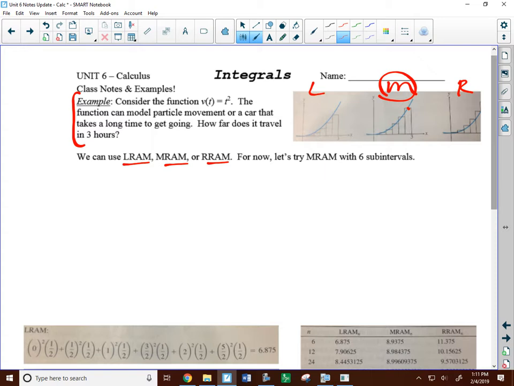Okay, so here's what we're going to do: midpoint RAM. Now we're going to do 6 subintervals. If I want to write this down, that means 6 rectangles. A subinterval is not the total interval, it's the smaller interval that you're breaking up into. That's just how many rectangles there are. Now we're going in 0 to 3, 3 hours, or just 0 to 3.